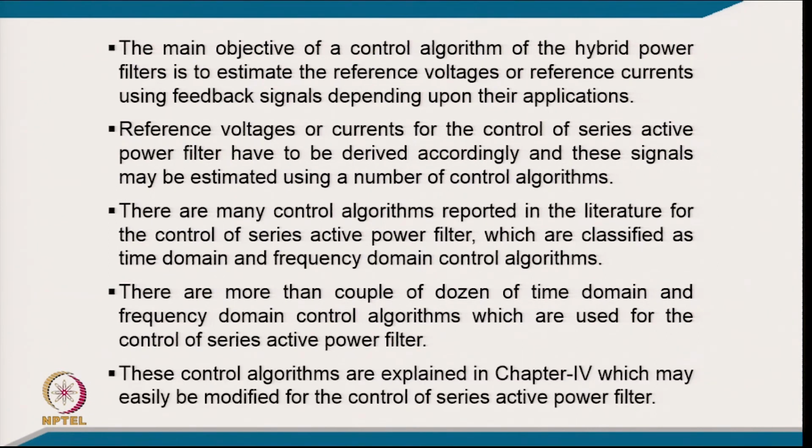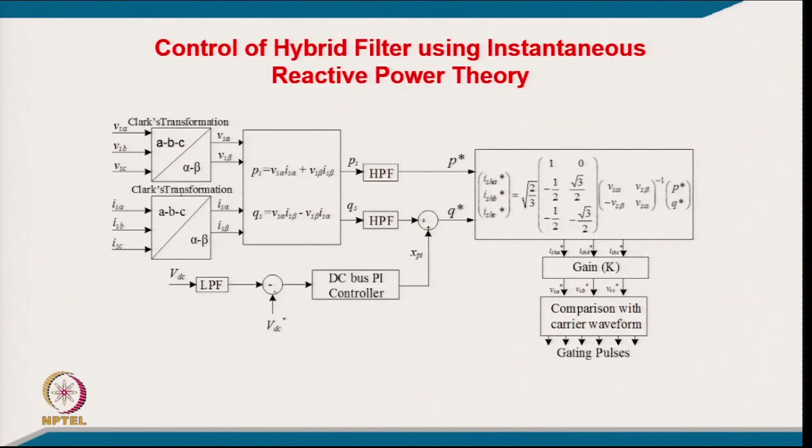These control algorithms are explained in the previous chapter, which we can easily modify for the series active power filter. And this is a typical example where we are sensing supply voltage, we are sensing supply current, and we are using a Clarke transformation. This is basically the instantaneous active power theory for control of the hybrid filter. So, we calculate the supply active power and reactive power, and it consists of the ripple and fundamental.